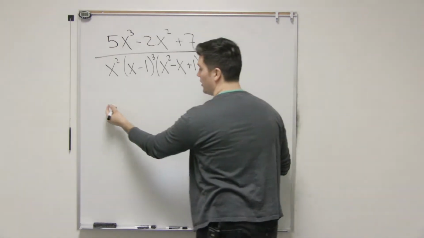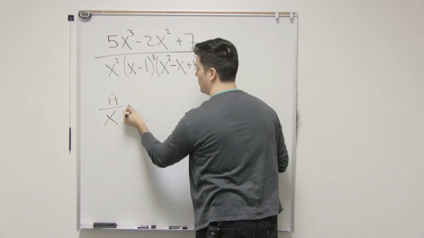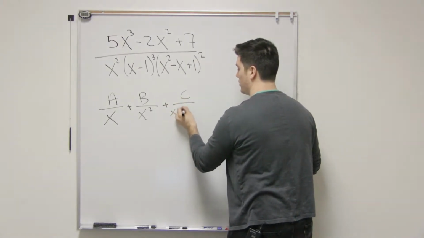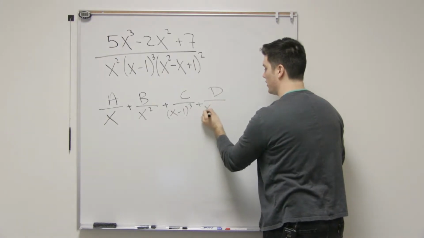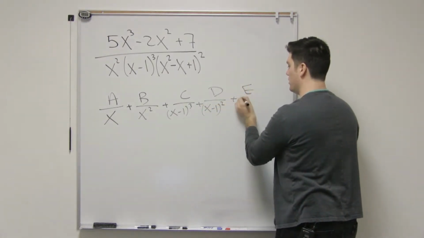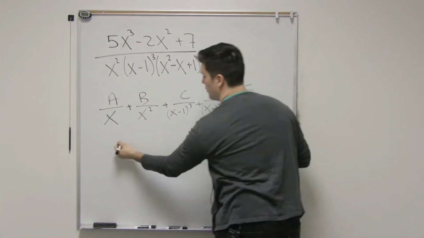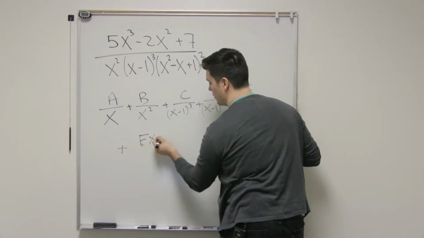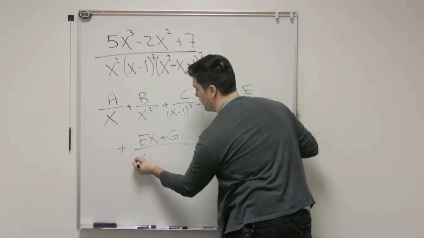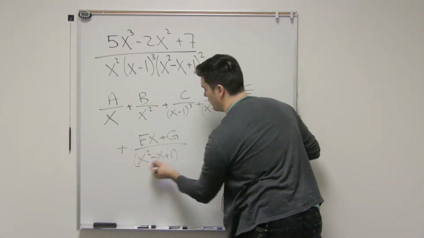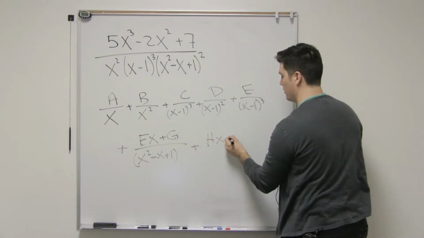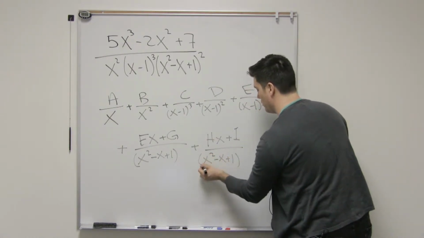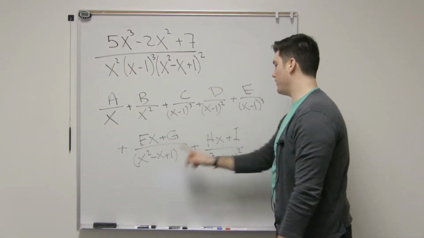It would be equal to a over x plus b over x squared, and that covers that factor, plus c over x minus 1, plus d over x minus 1 squared, plus e over x minus 1 cubed, plus, now remember this is nonlinear, so it's going to be fx plus g over x squared minus x plus 1, plus hx plus i over x squared minus x plus 1 squared. 1, 2, 3, 4, 5, 6, 7 fractions.